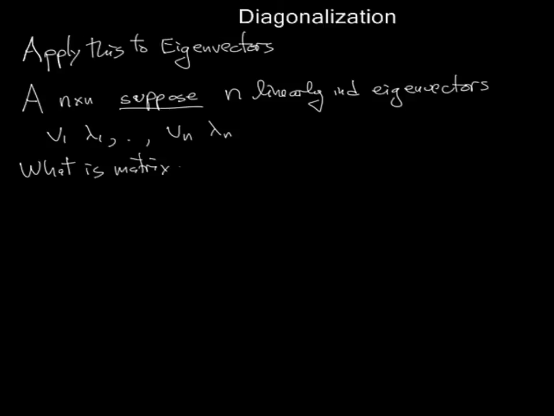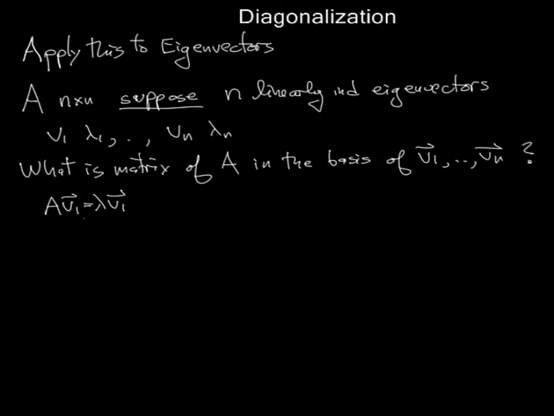What is the matrix of this linear transformation with respect to this new basis, the basis of vi's? Well, it's obvious. A v1 is equal to lambda 1 v1, and so on. So that just says that in this basis, it's the diagonal matrix, lambda 1 down to lambda n.